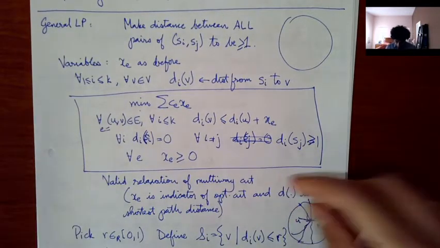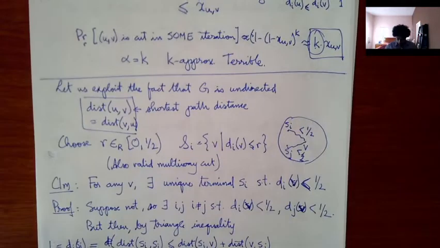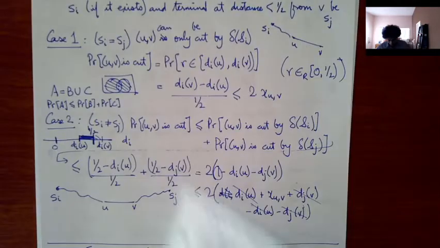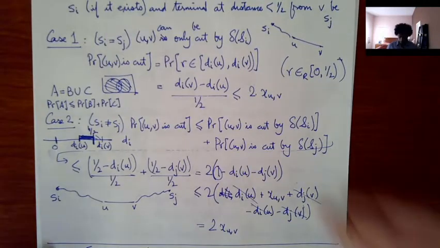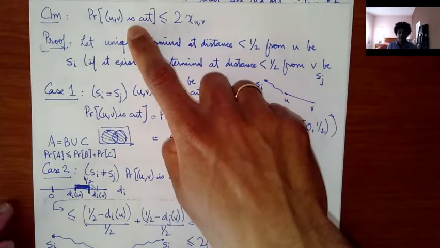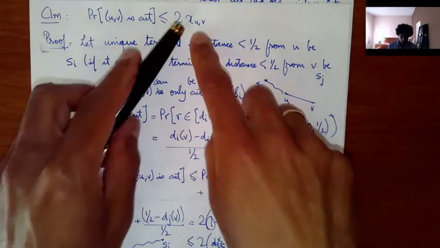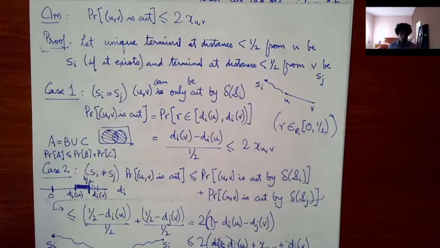This is a relaxation. Then doing a randomized rounding with this scheme, what we could prove is that the probability that an edge is cut is twice x_uv, twice the LP value of the edge.